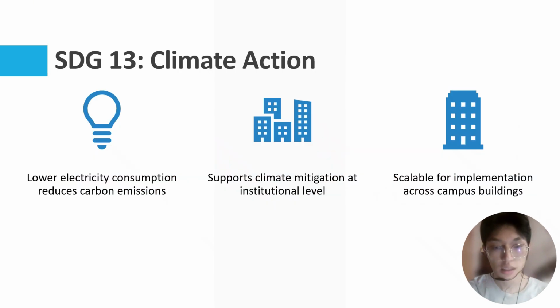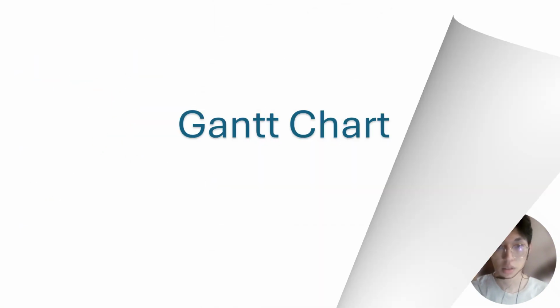For SDG 13, climate action, lower electricity consumption reduces carbon emissions and supports climate mitigation at institution level, scalable for implementation across campus buildings.